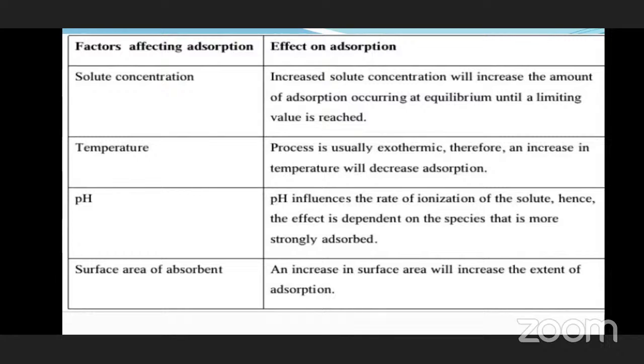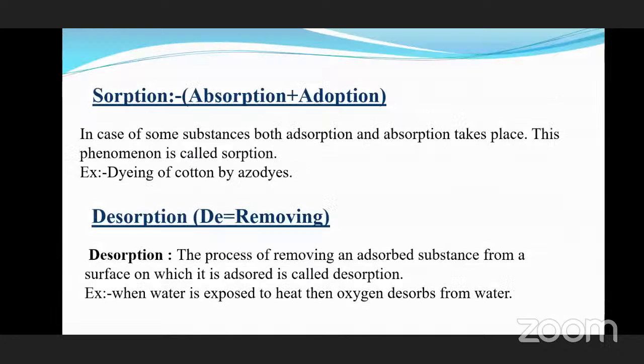Then we enter into another part, that is sorption. What is the meaning of sorption? In the case of some substances, both adsorption and absorption take place. This phenomenon is called sorption.